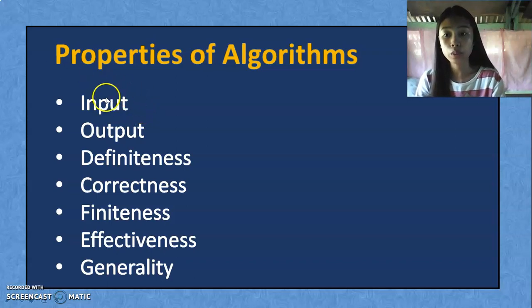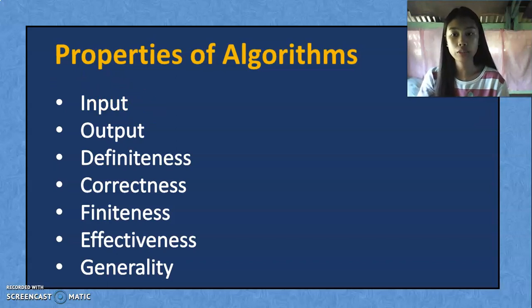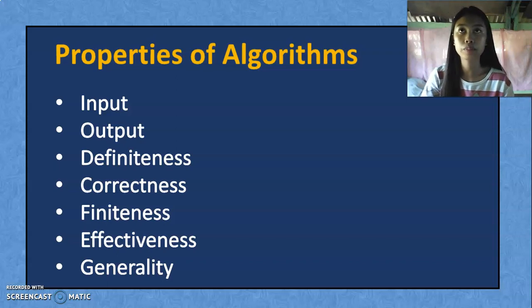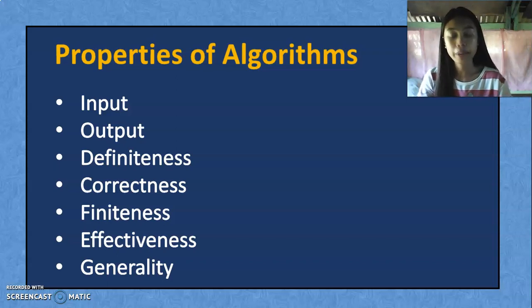So, in input, dapat parang initial value, for example, is 0, magsimula pa sa 0. Walang value or walang amount, it means, nandun pa lang siya sa blank stage. Kasi, problem pa lang siya, parang hindi mo pa alam kung ano yung gagawin. So, that is the input.